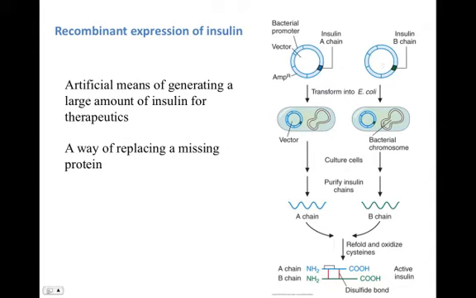These plasmids are transformed into E. coli and grown in culture. The protein is then expressed and purified, and the two proteins are mixed and refolded to allow for cysteine bonding between the two polypeptide chains to generate an active insulin.